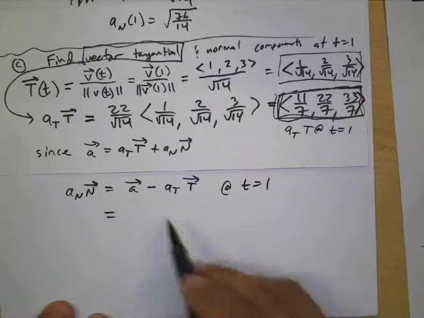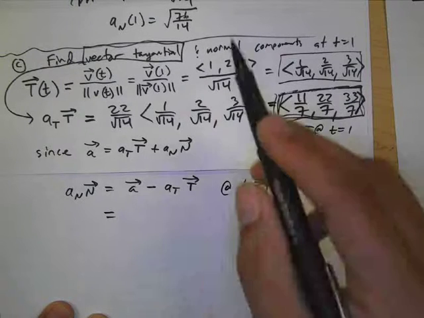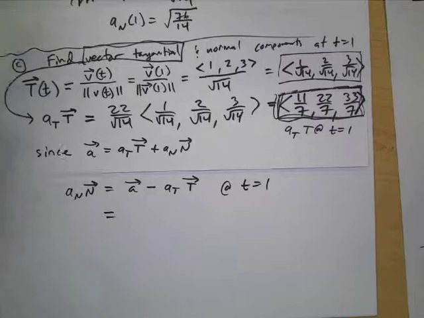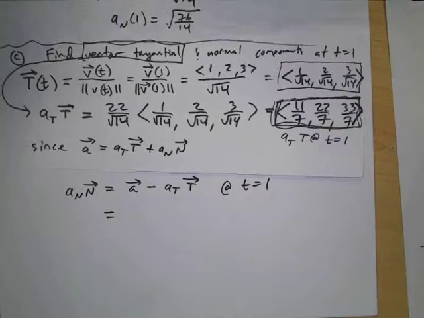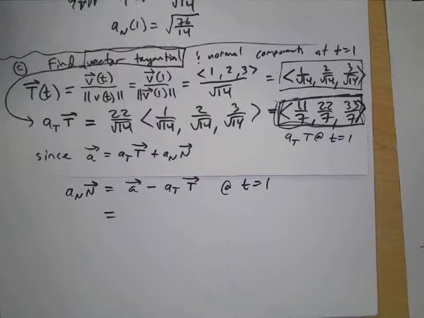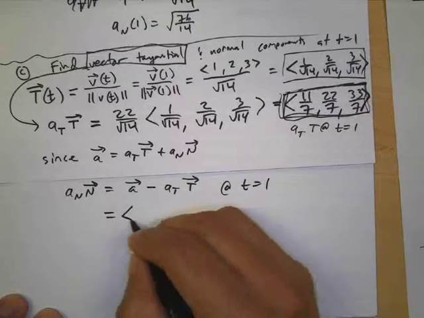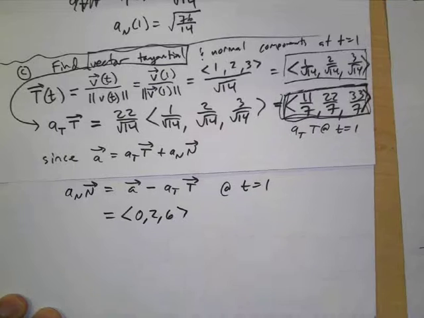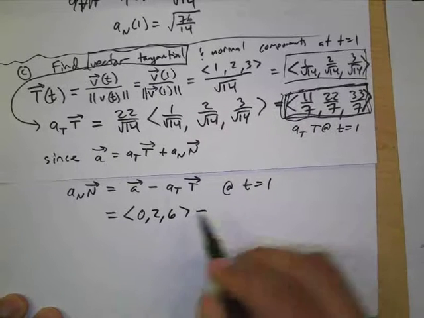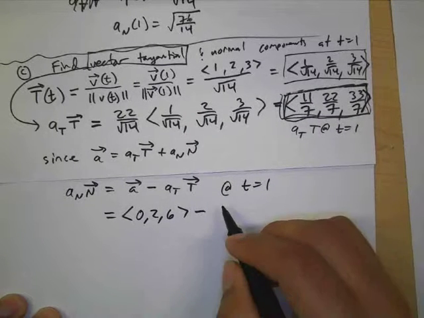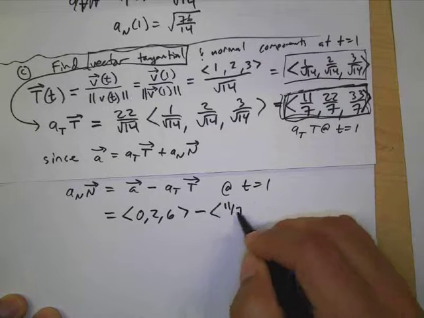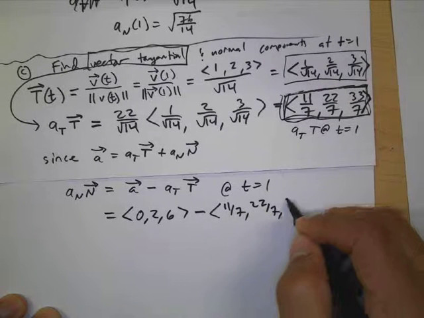Okay, so the acceleration vector at t equals 1, you guys probably have it somewhere on your work. It was 0, 0, 6t, so 0, 0, 6, right? And then we already calculated this one, it's right above. It was 11 sevenths, 22 sevenths, 33 sevenths.